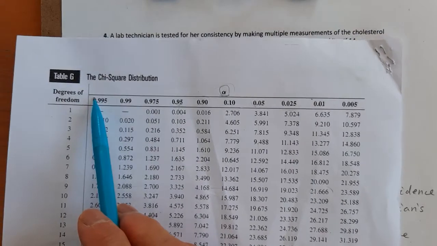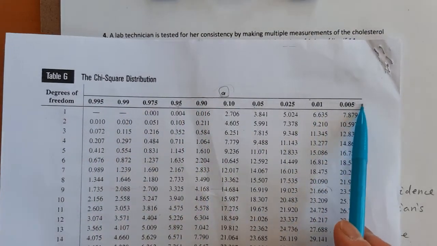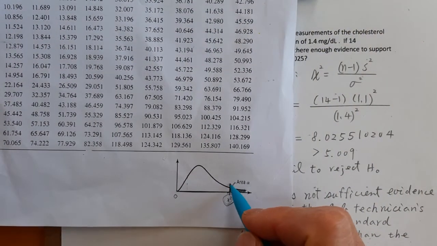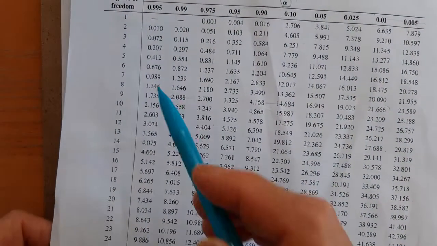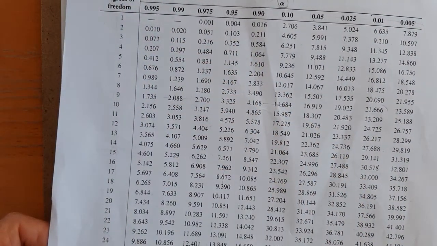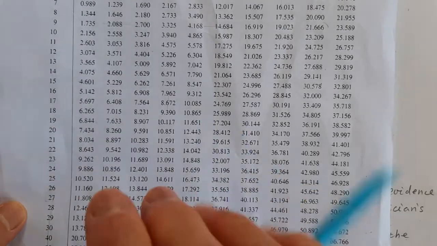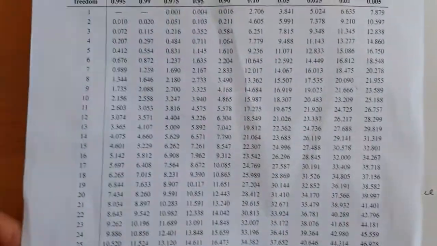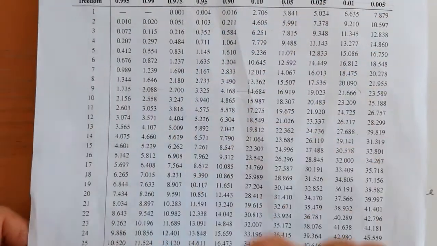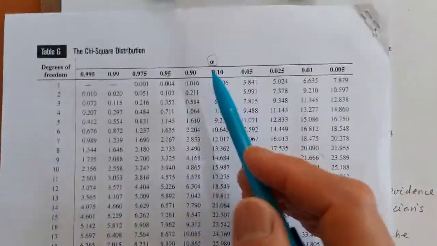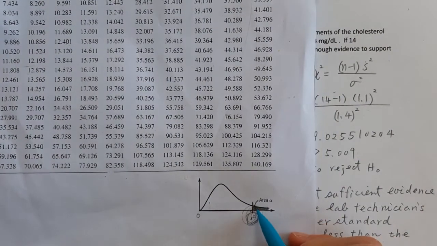Alpha is here on the top. It is the area to the right of the chi-square value, and you use degrees of freedom. Then you can find chi-square. The body entries are the chi-square values, and on the top is alpha, the area to the right of chi-square.